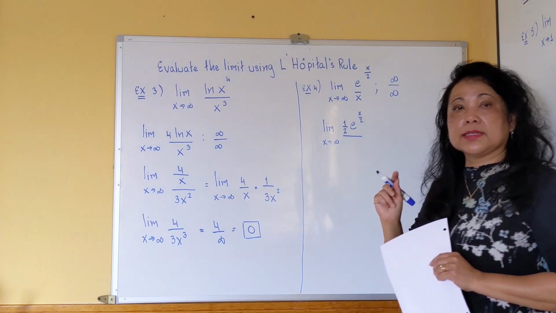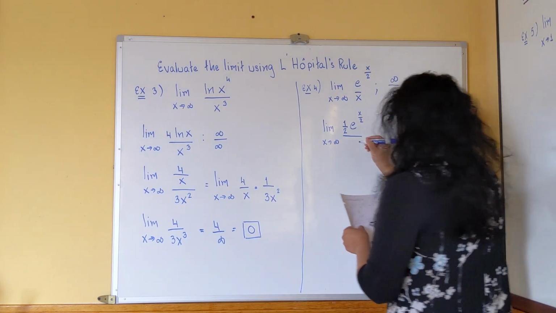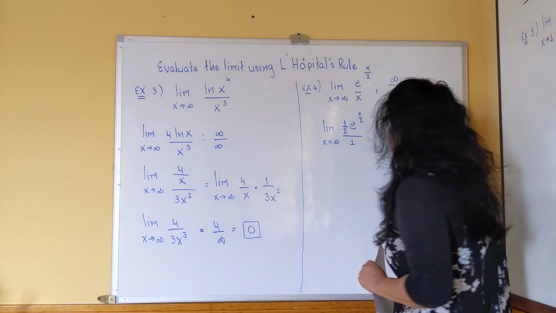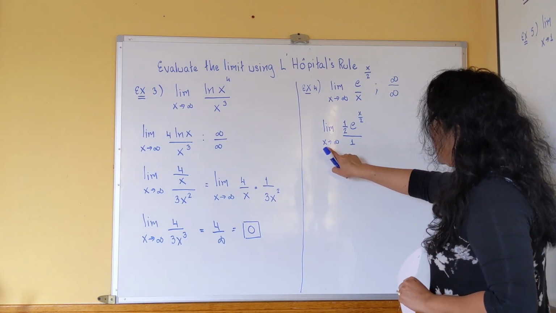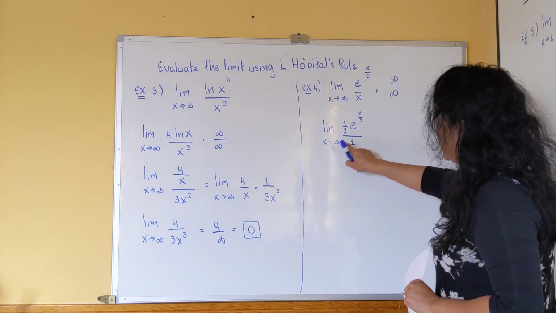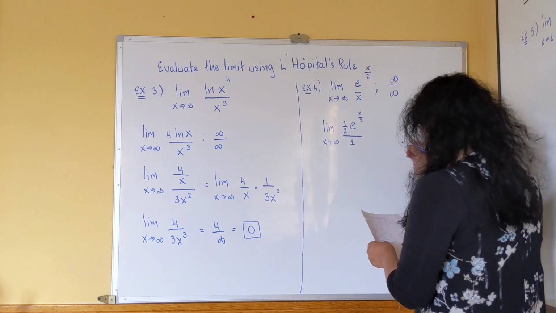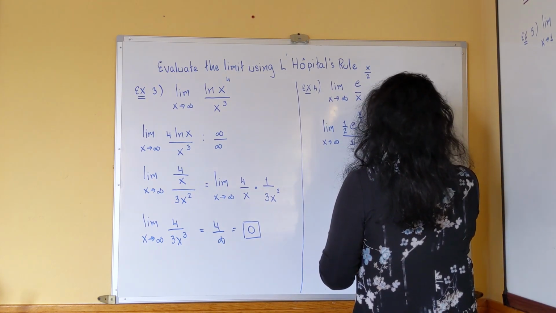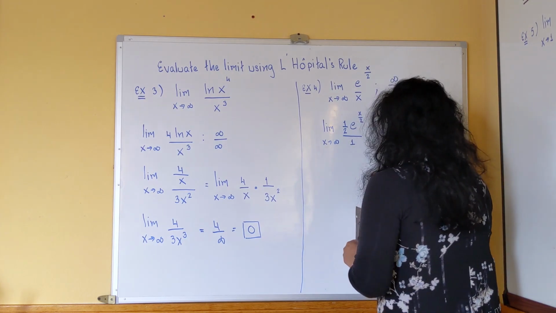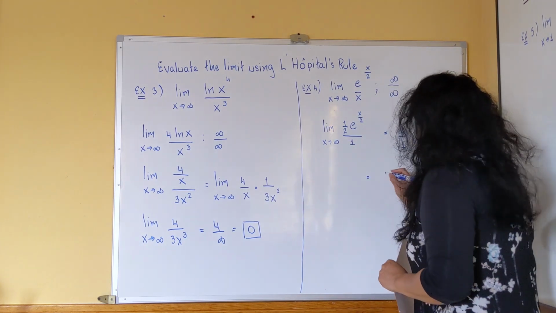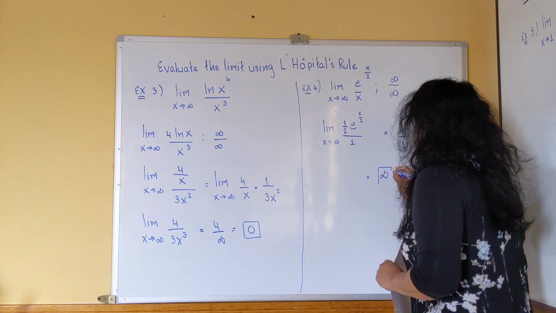The derivative of x is 1. As x approaches infinity, you have e to the infinity, which is infinity, over 1. So the answer would be infinity.